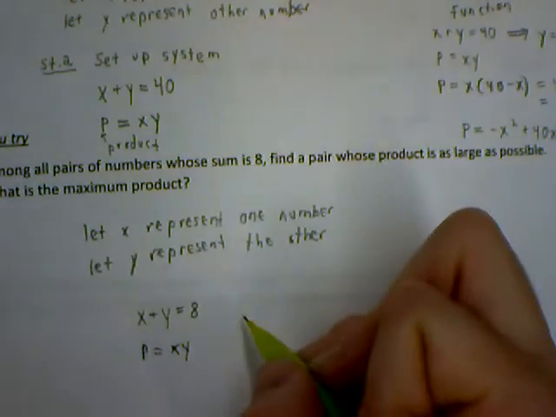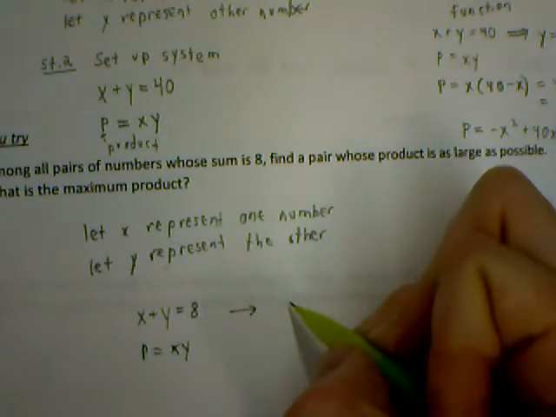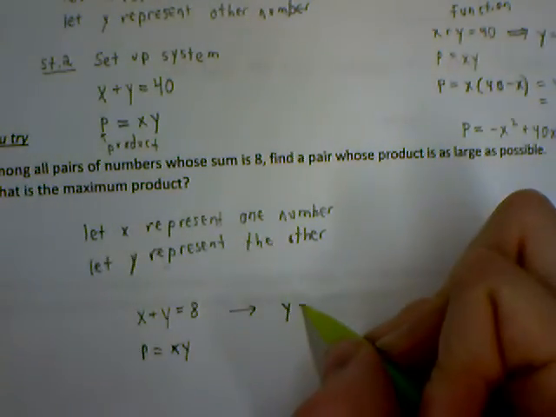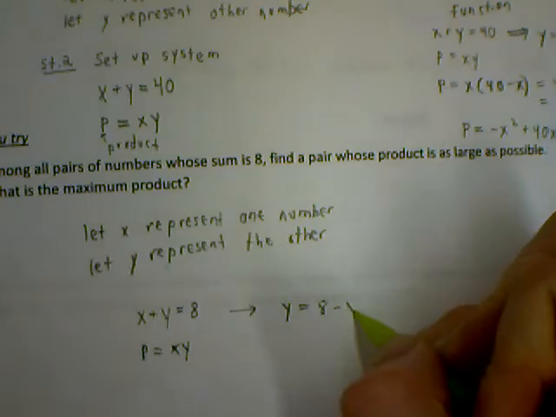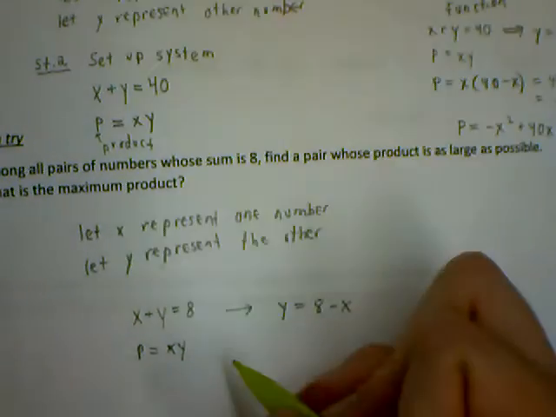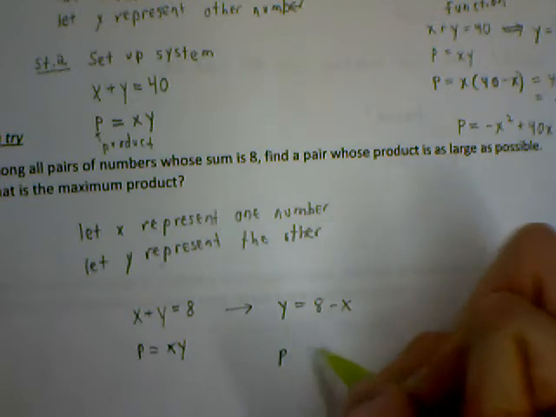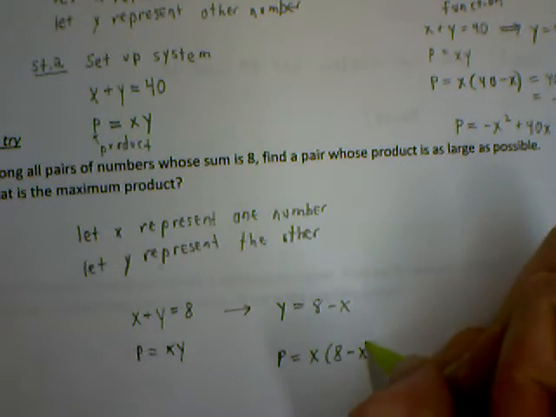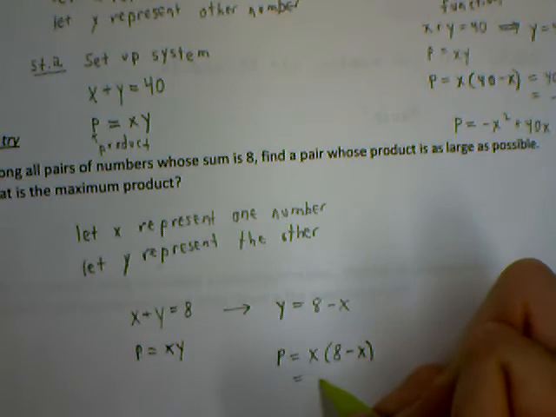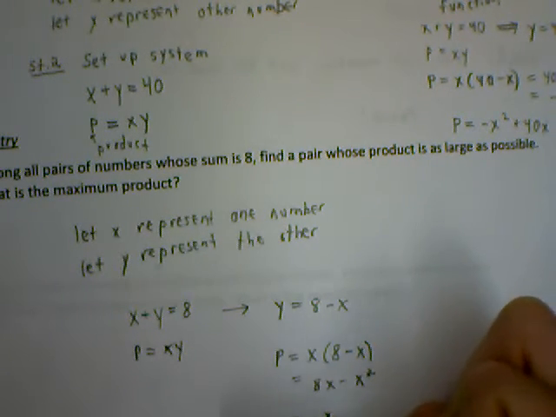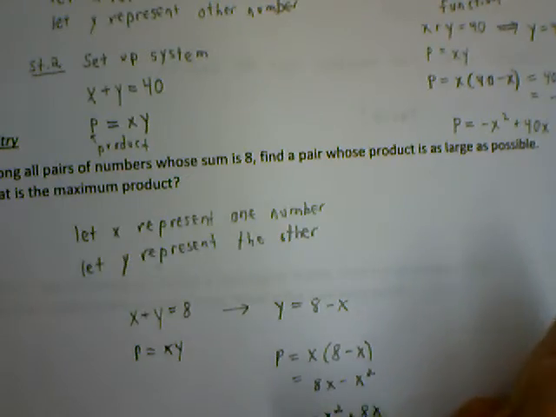Using substitution, let's get one of our variables by itself. So I'll say y equals 8 minus x if I subtract x from both sides. Let's plug it in now. We'll have p equals x times 8 minus x, which equals 8x minus x squared, or negative x squared plus 8x.